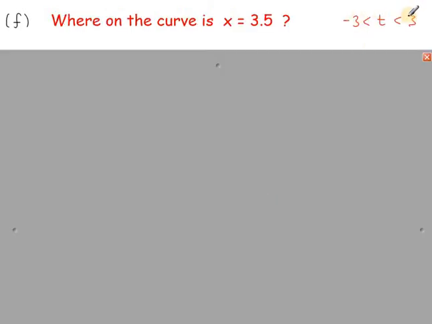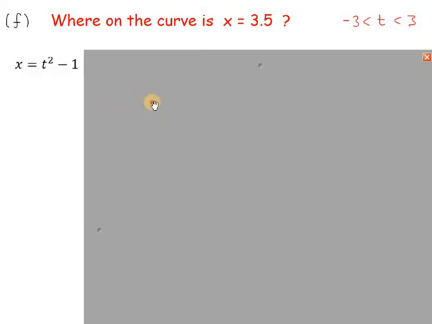So for t in this interval, again, where on the curve is x equal to 3.5? I need to work out the value of the parameter at x equals 3.5 and the y coordinates. So we start off with the equation for x. I know x is equal to 3.5.